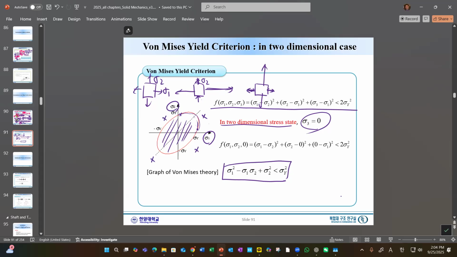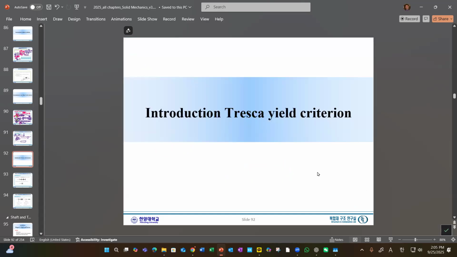The material will fail. The material will have plastic deformation, a permanent deformation after unloading. So we don't want to design like that. Be sure to have the principal stresses within this criterion. Okay, that's the 2-dimensional case.